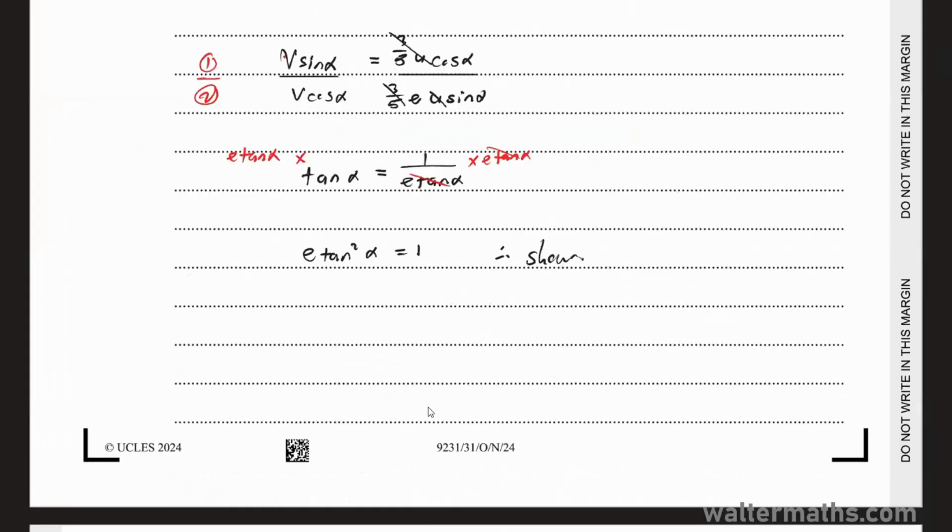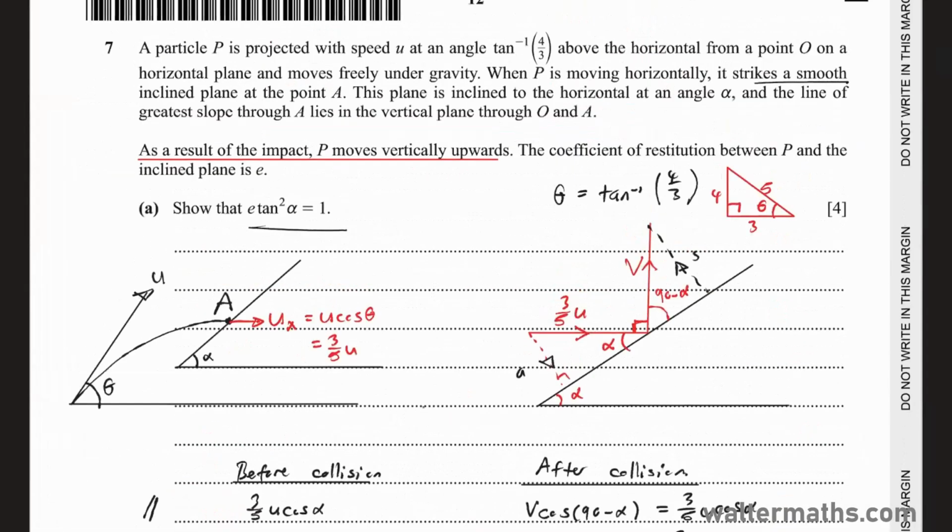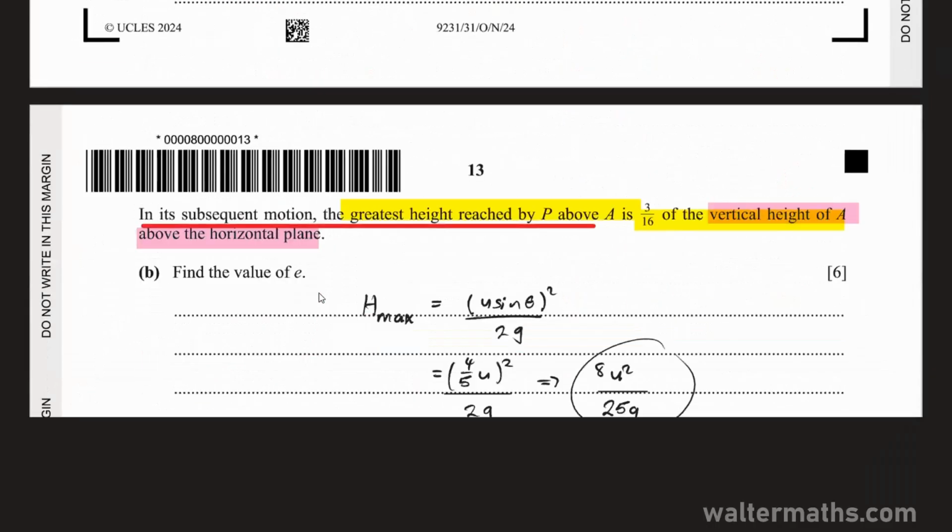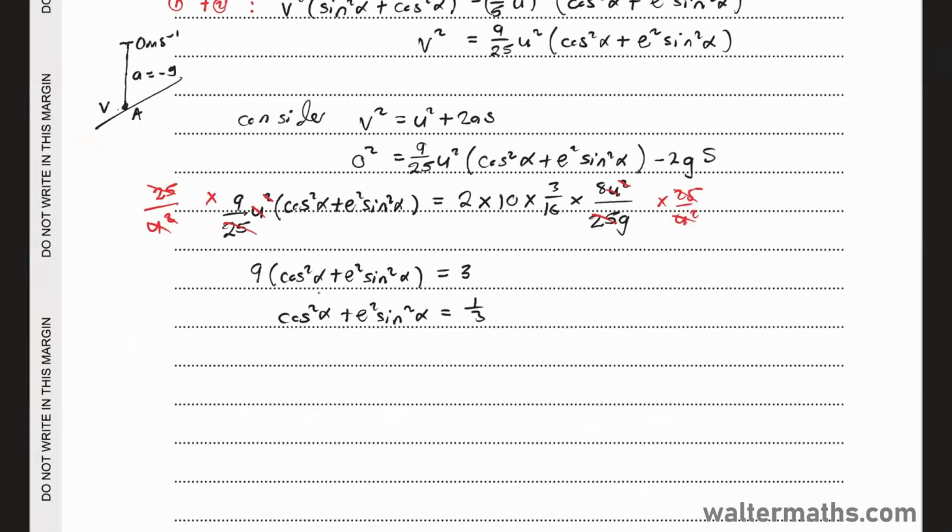Right, so there's a relationship we got in part A: e tan squared alpha is equal to 1. So I'll say here, e tan squared alpha equals 1. Let's consider a right-angle triangle. This means tan squared alpha is equal to 1 over e, and tan alpha is 1 over root e.